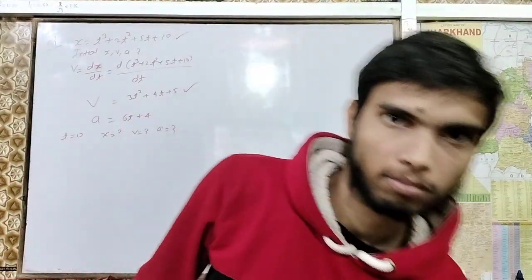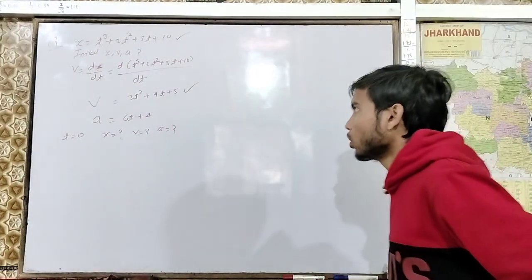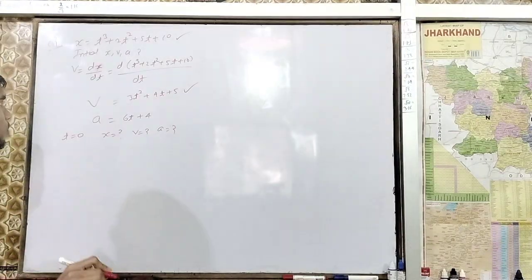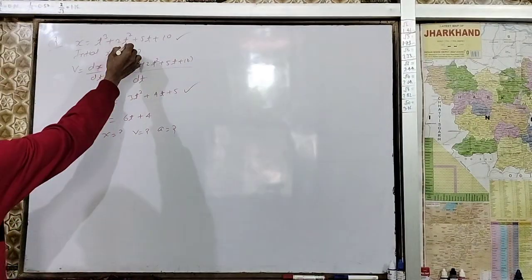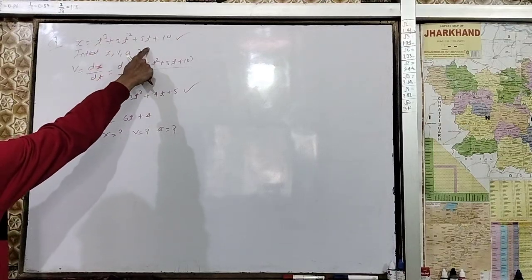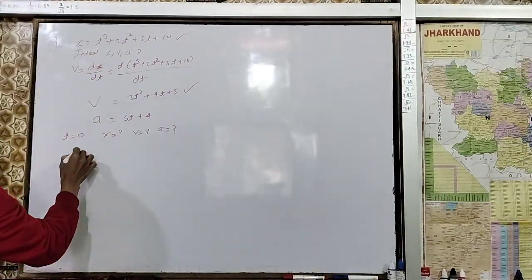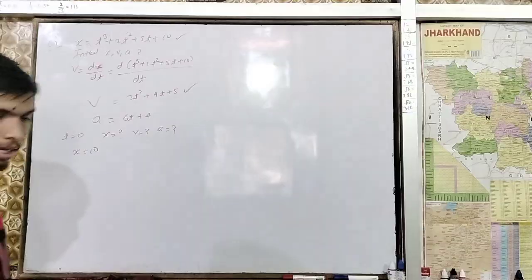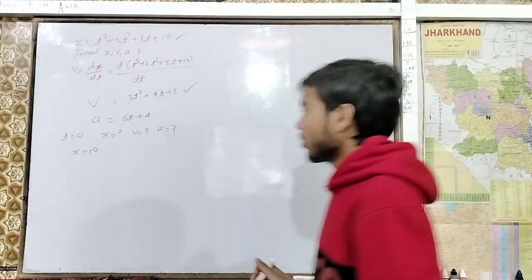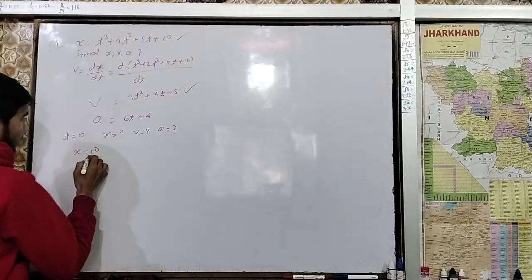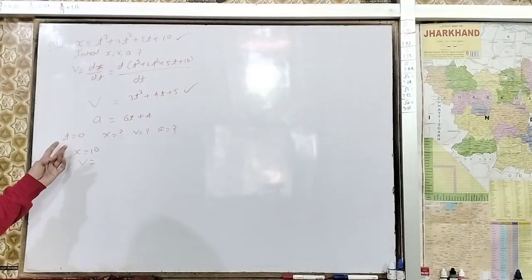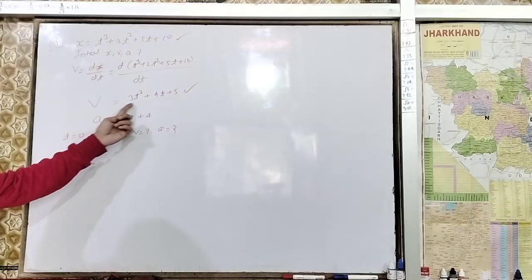At t equal to 0, the location of the particle is 10, as the other terms become 0. So the particle is at 10 where time is 0. At this x equal to 10, the velocity is found by substituting t as 0 in this equation.